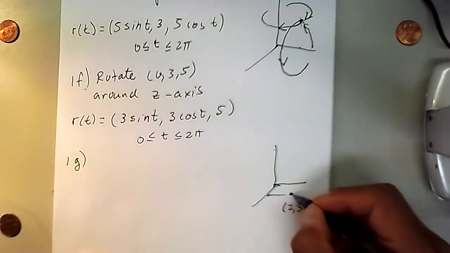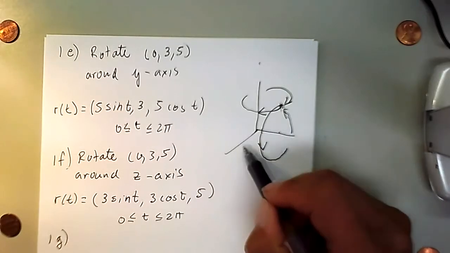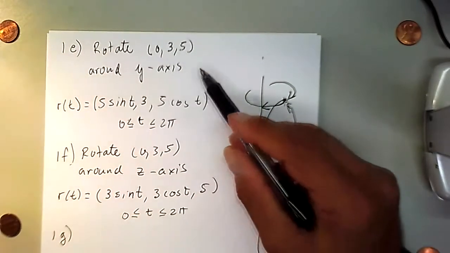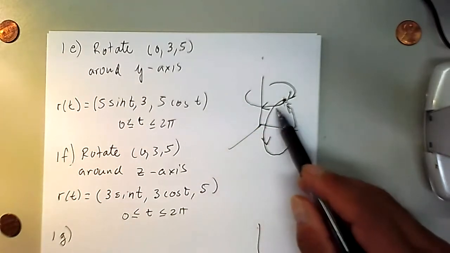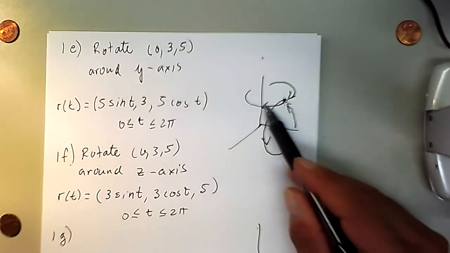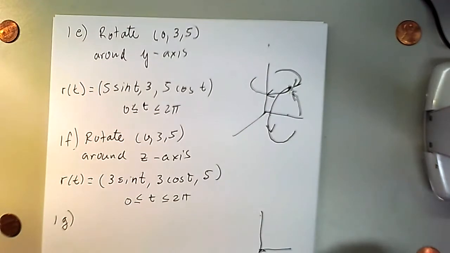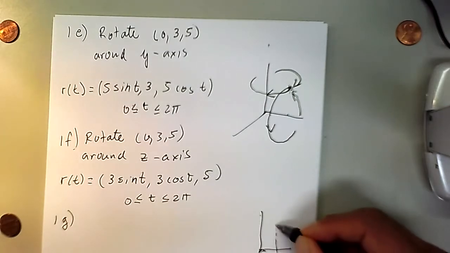Because those points are lined up with the x-axis, the y-axis, or the z-axis, the points that we picked in examples 1a, 1b, 1c, 1d, 1e, 1f, the radius of the circle was pretty straightforward, because things are pretty lined up nicely. This one is not lined up with, actually, let's take one point higher than that here.